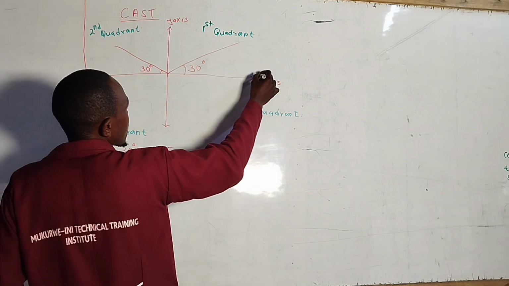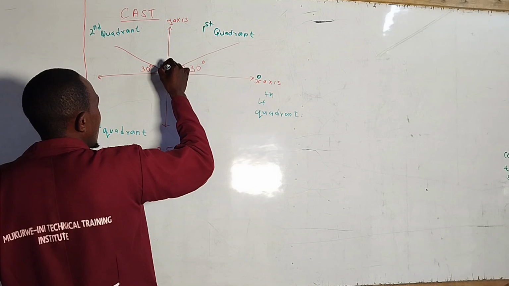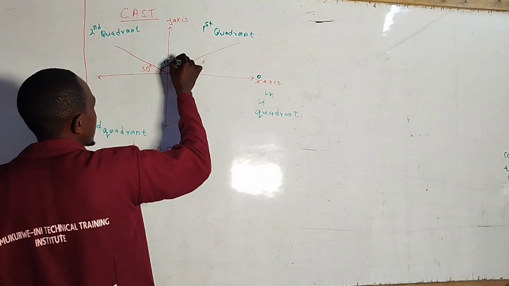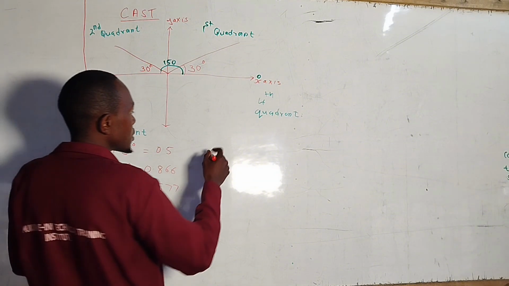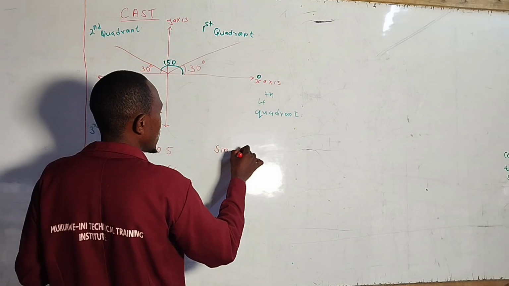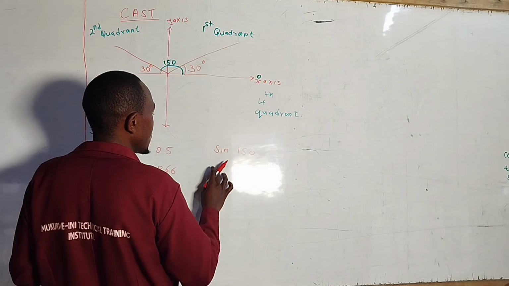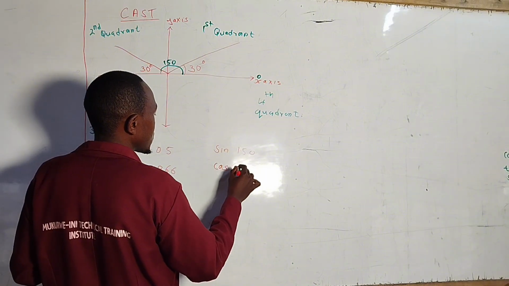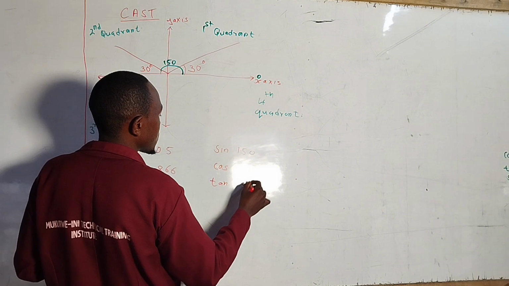Now from the zero mark, we can talk about 150 degrees. So that in the second quadrant, I'll be talking about sine 150, cos 150 and tan 150.